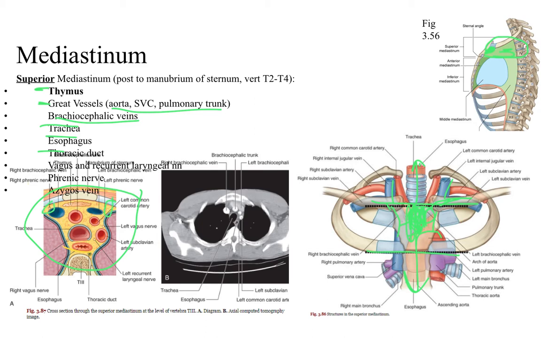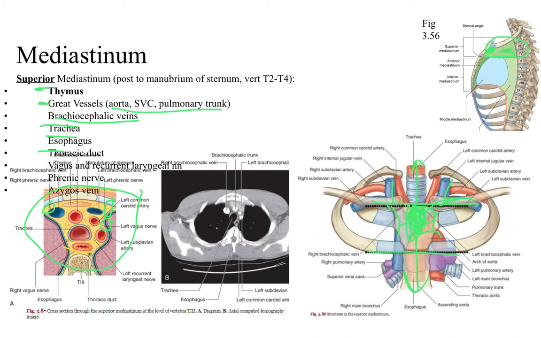and that'll show you where the left and right phrenic nerves are. So the left and right phrenic nerves are just lateral to the left brachiocephalic vein and the right brachiocephalic vein. The left vagus nerve is over here just anterior to your left subclavian artery.